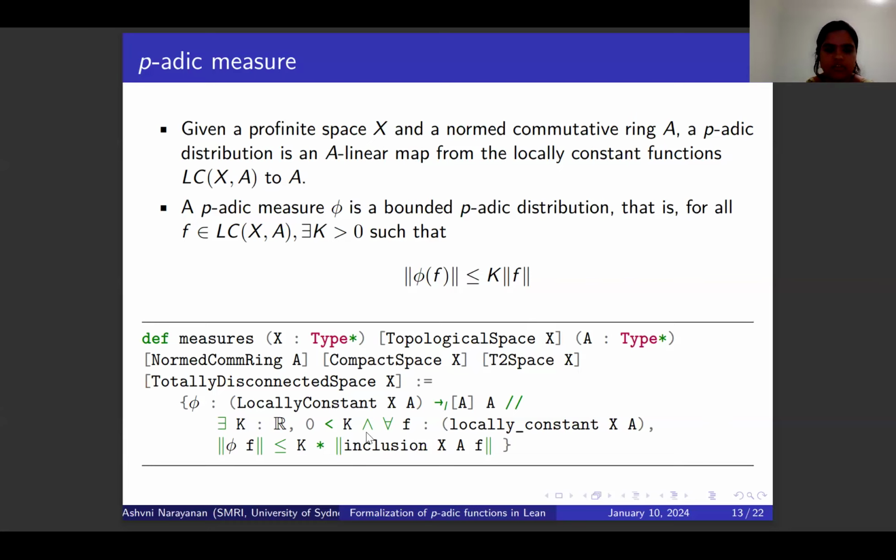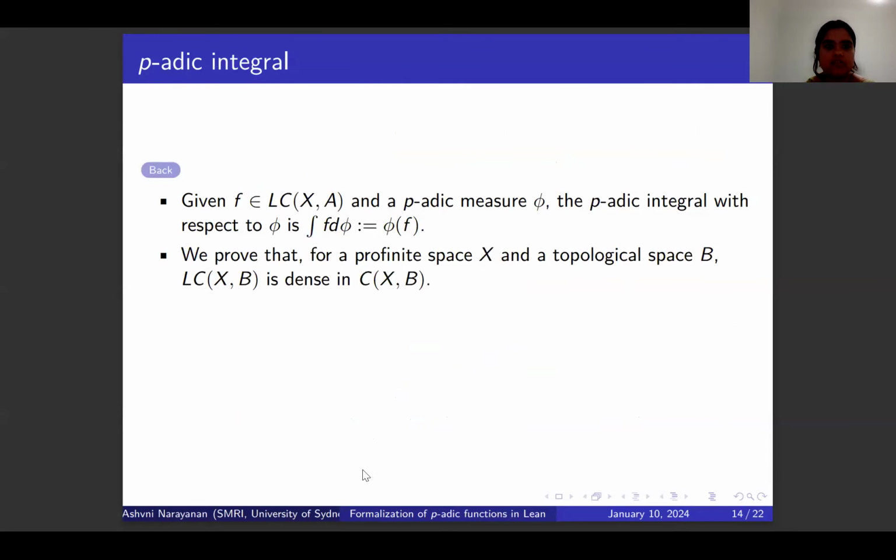And the inclusion here is the inclusion of the locally constant functions into the space of continuous functions. Okay, so this leads us to the p-adic integral, where if you take any locally constant function f and a p-adic measure phi, then you can just define the integral to be the evaluation of phi at f.